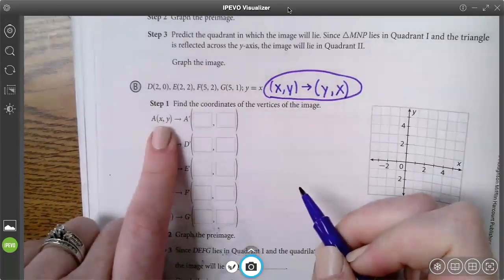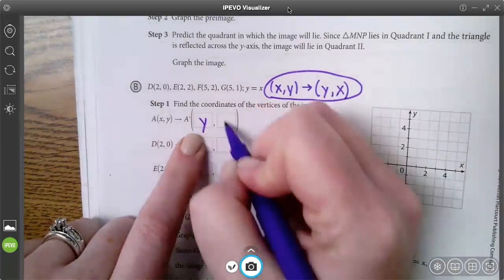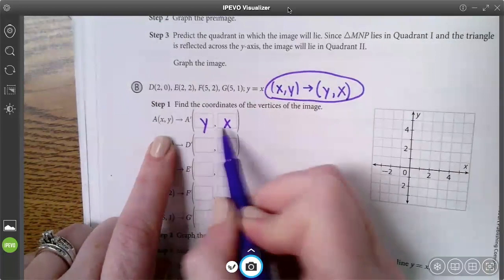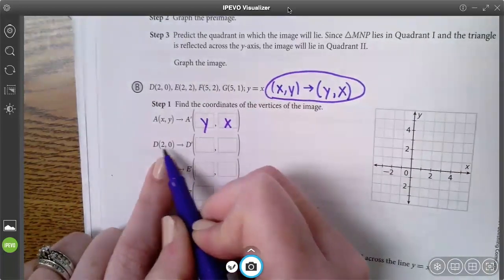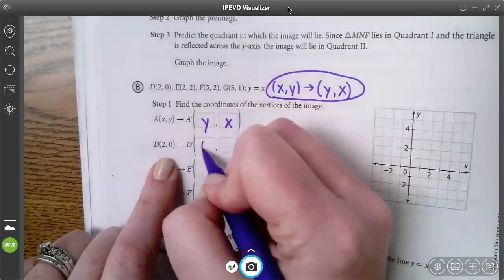So if A is at (x, y), A prime is at (y, x). This is the same thing that we did up here. So we just switched the order. If D was at (2, 0), we're going to switch the order, so it's now (0, 2).